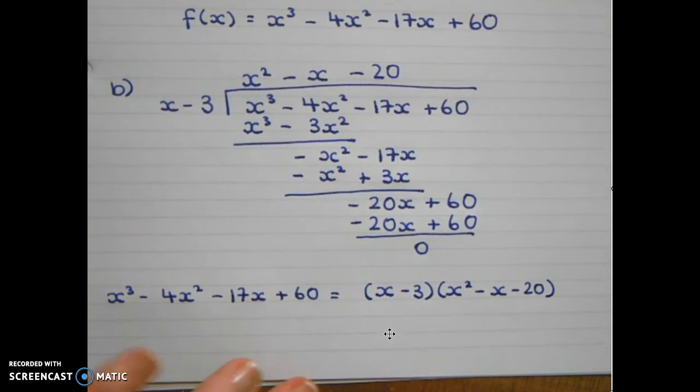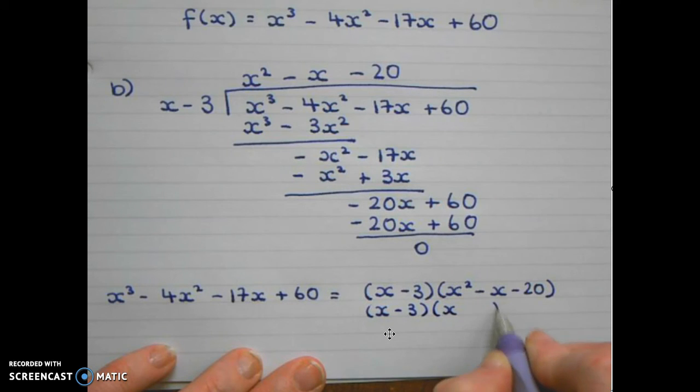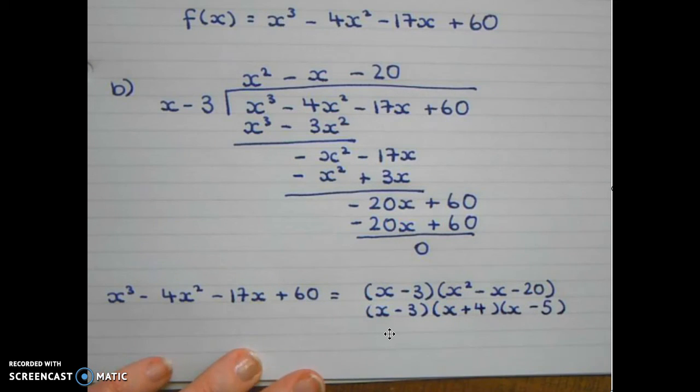And I haven't quite factorised completely because this quadratic will factorise. So into my brackets I'm looking for two numbers that multiply to give minus 20 and add to give minus 1. So it's plus 4 and minus 5. And that's it completely factorised.